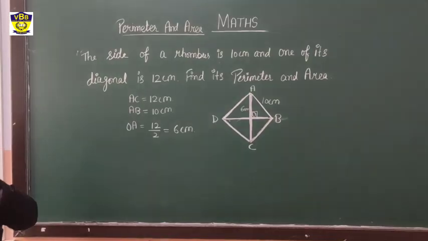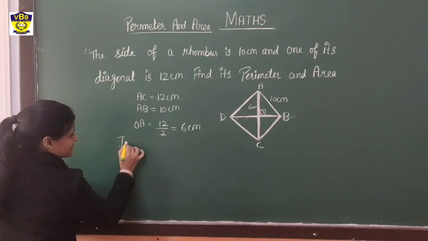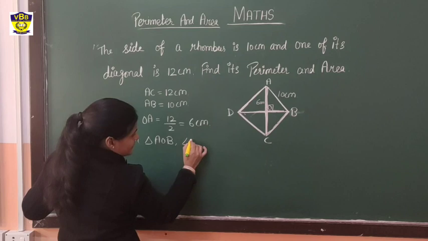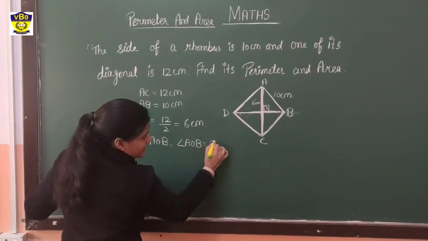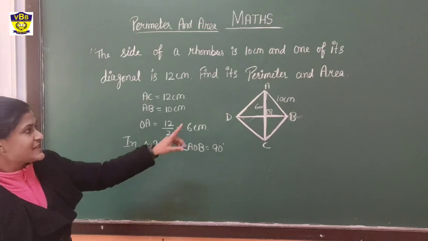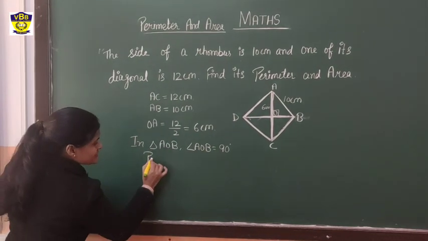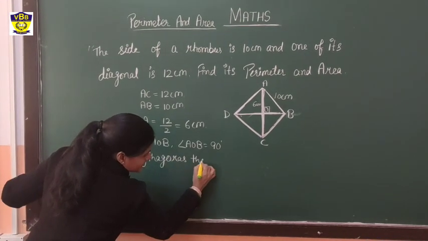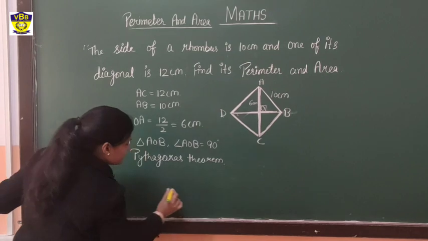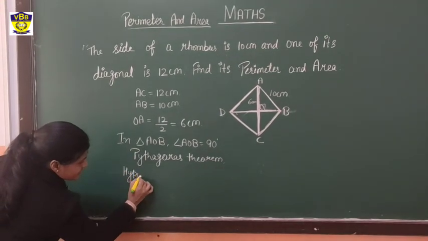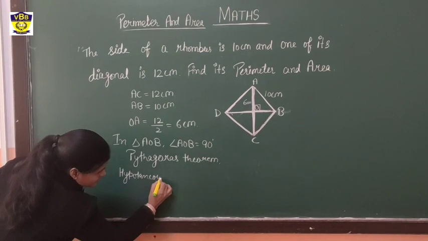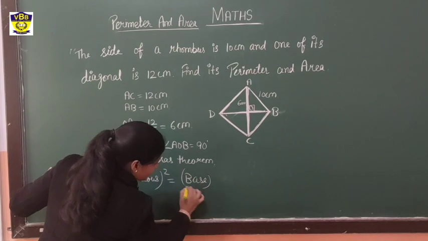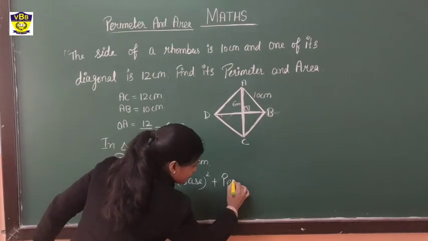So in triangle AOB, angle AOB is equal to 90 degree. In a right angle triangle, we can use Pythagoras theorem. According to this theorem, hypotenuse square is equal to base square plus perpendicular square.